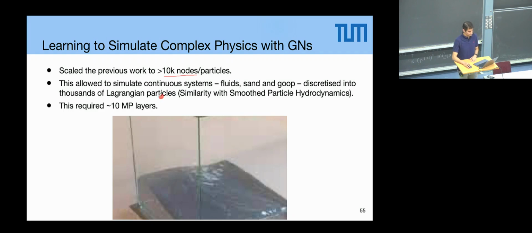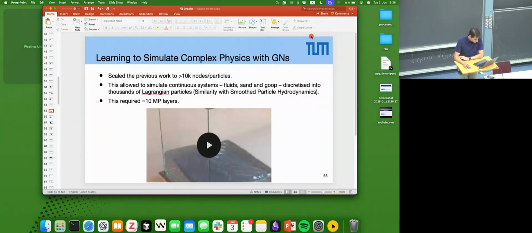They consider different kinds of materials. So, for instance, fluid, sand, goop. Goop is a fluid with a very high viscosity. I think we can see the simulation here. Why is it not playing?